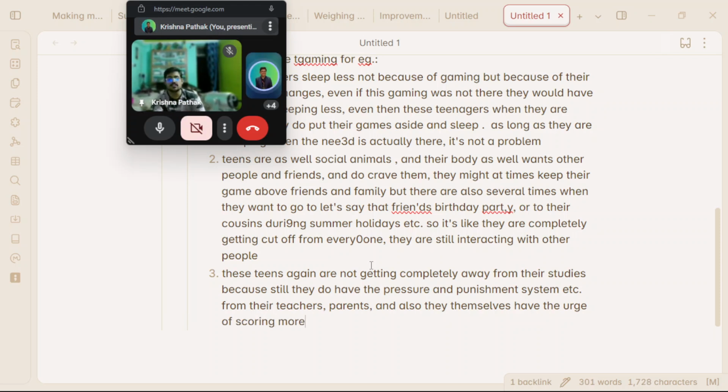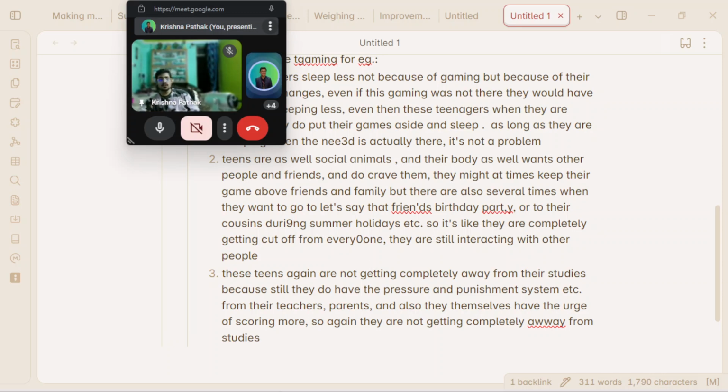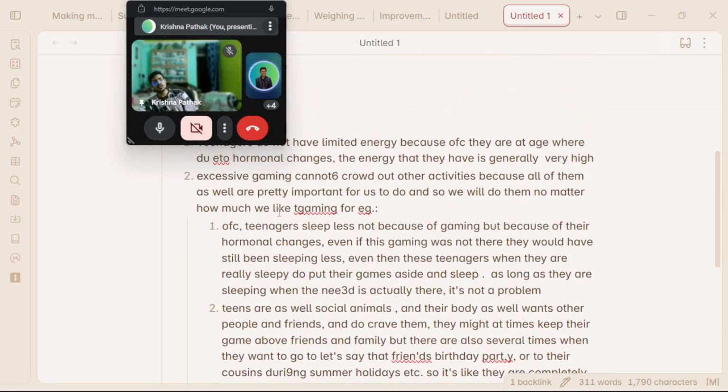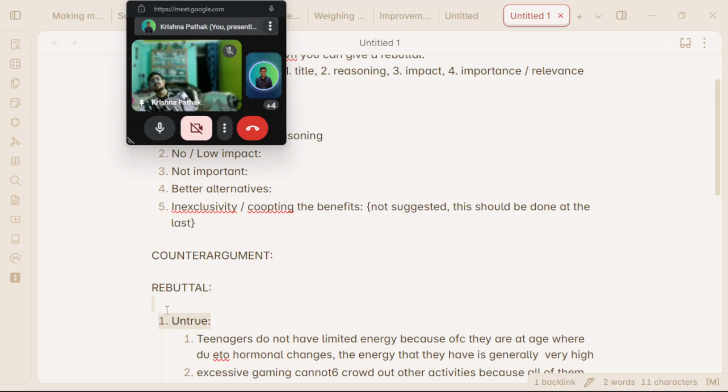So they are not getting completely away from studies. So within reasoning itself, I've given around 5 points to show how their argument is untrue.